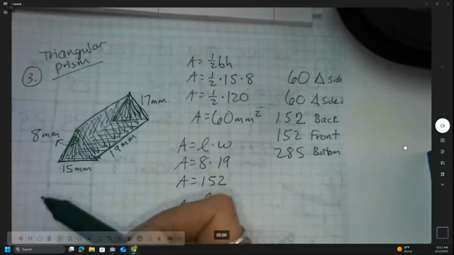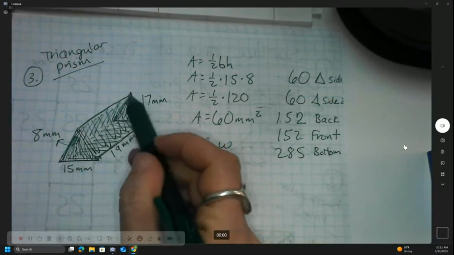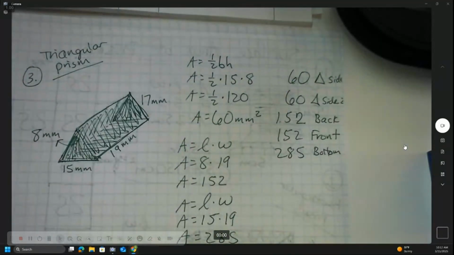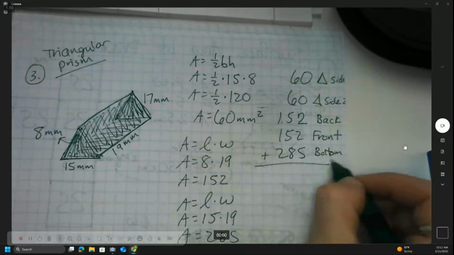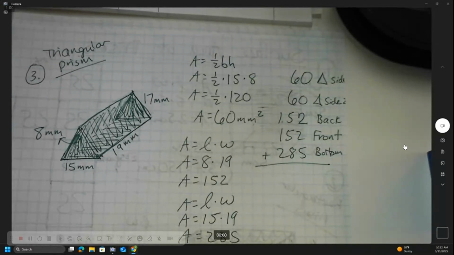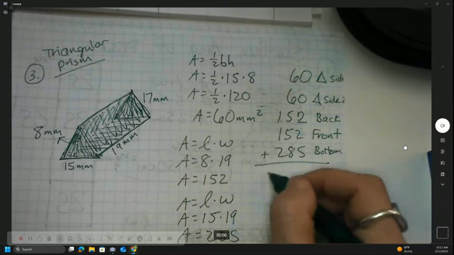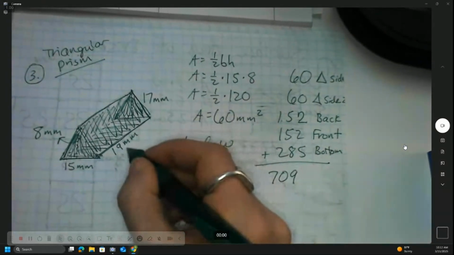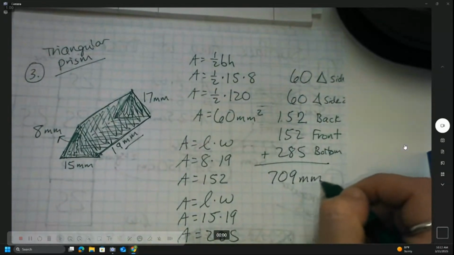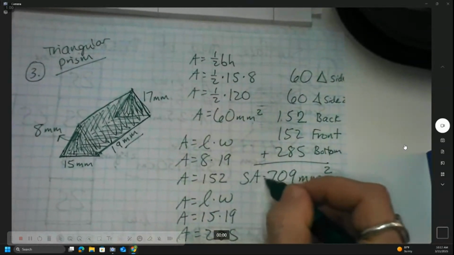There's no technical top because it goes to a point there on the edge. Let's go ahead and add all these sides together. So 60 plus 60 plus 152 and 152 plus 285 equals 709 millimeters squared for your total amount of surface area.